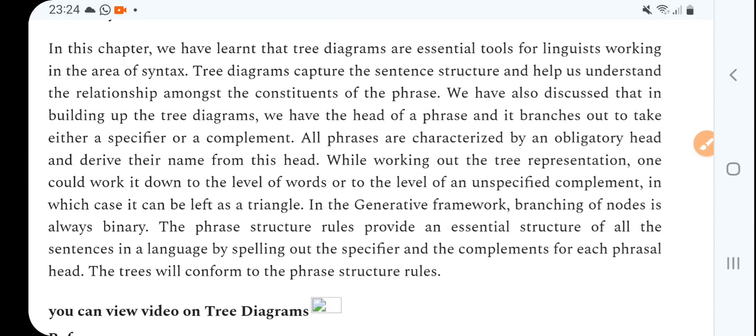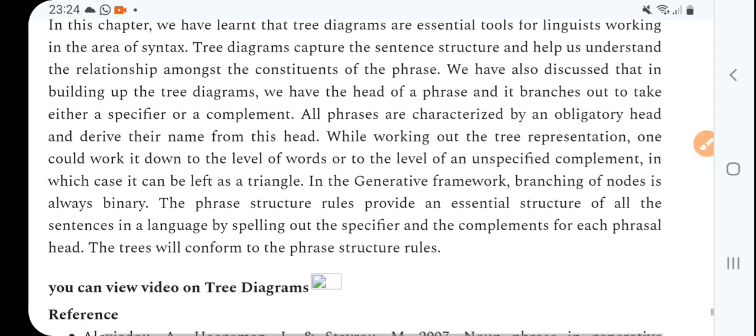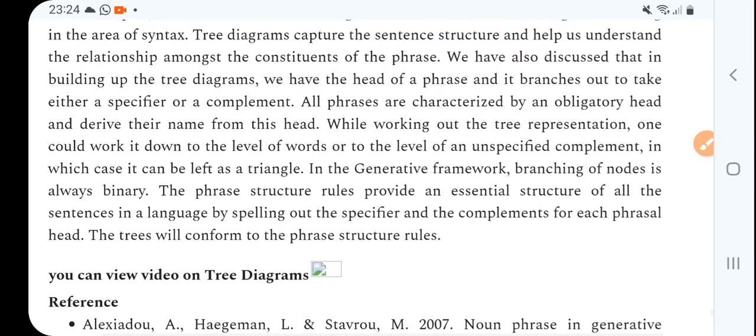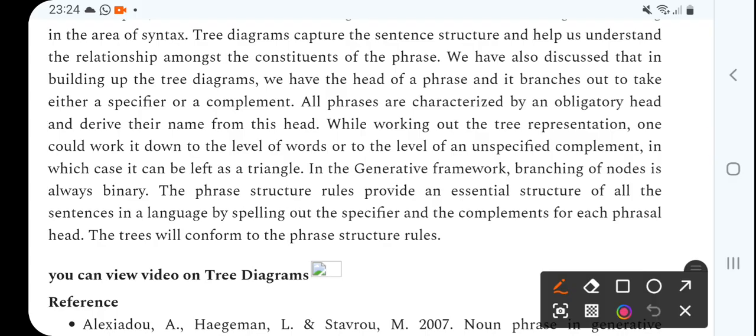Now summary. In this chapter we have learned that tree diagrams are essential tools for linguists working in the area of syntax. Tree diagrams capture the sentence structure and help us understand the relationship among the constituents, the relationship among the constituents of the phrase.